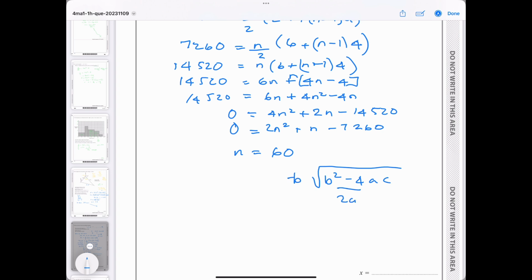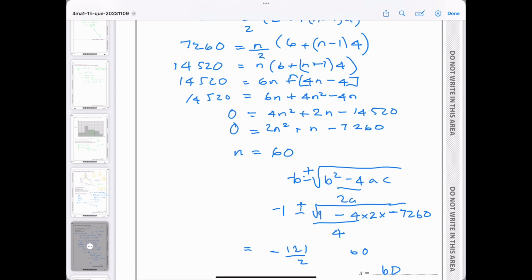So minus b is minus 1, plus or minus the square root of 1 minus 4 times 2 times negative 7260, over 4. Eventually we're going to get 60 and minus 121 over 2. I'm just going to put 60 in because that makes perfect sense.